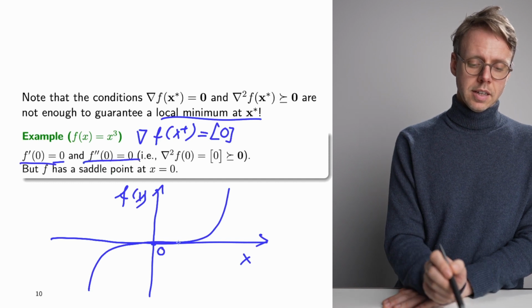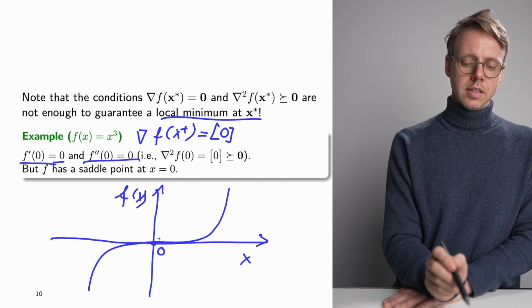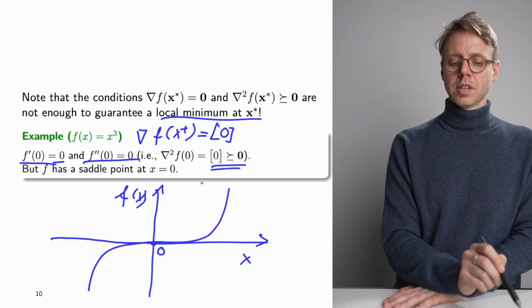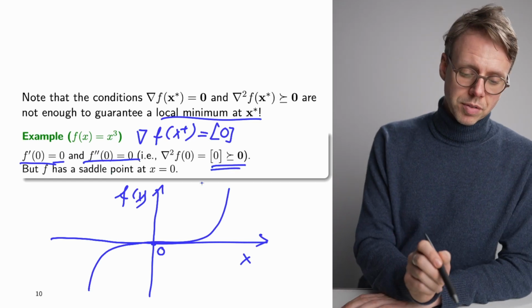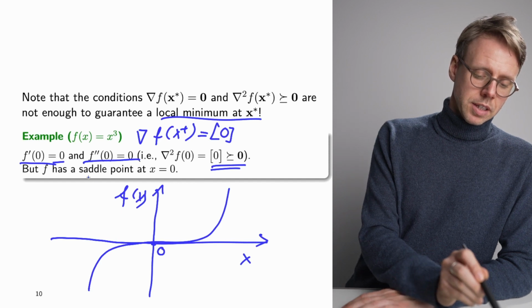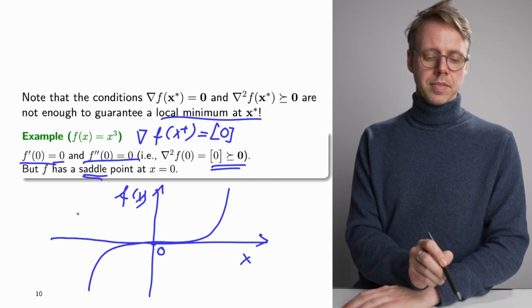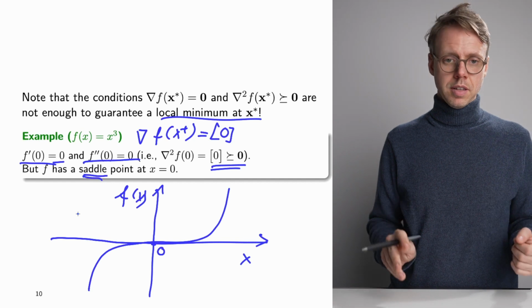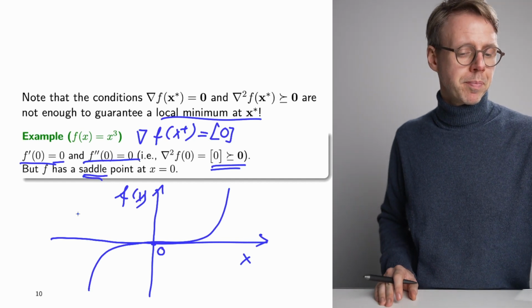And the Hessian that is 0, so 0 is positive semi-definite, but the point is a saddle point. It's neither a maximum nor a minimum.